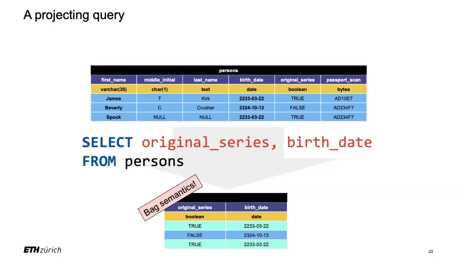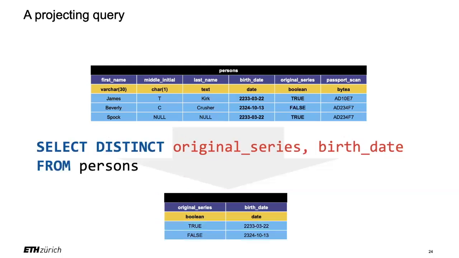What does that tell you? It tells you that PostgreSQL applies a bag semantics, not a set semantics, if you do this. So it's not going to eliminate the duplicates. If you want to, you can, but then you add distinct. Select distinct original series, birth date is going to get rid of the duplicates. And now you're back to a set of records.